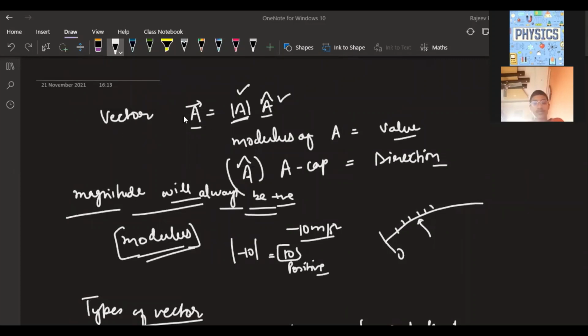So a vector is expressed with two parts. One is modulus of A and one is A cap. Modulus of A is a value. A cap is direction.